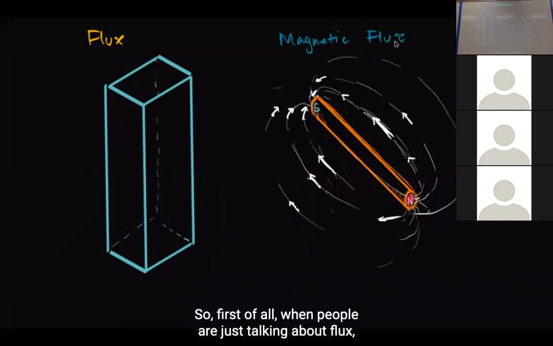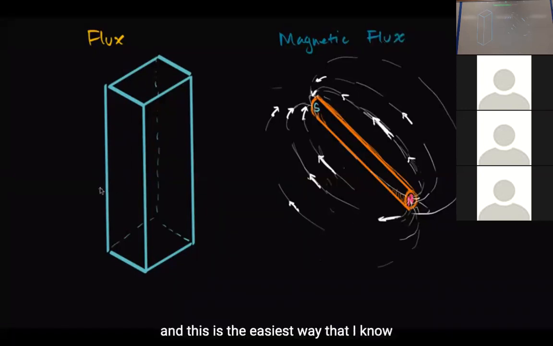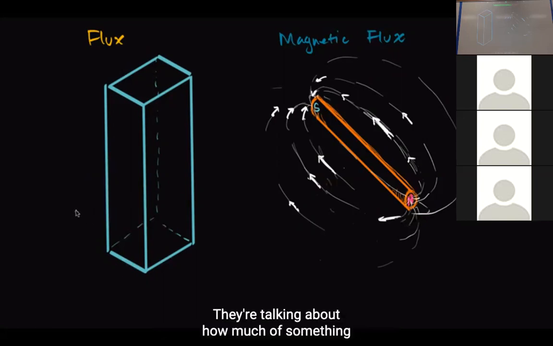So first of all, when people are just talking about flux, and this is the easiest way that I know how to conceptualize it, they're talking about how much of something is flowing through a surface in a given amount of time. So if you imagine that this is defining a volume of air right over here, and let's say the air is denser near the bottom of this volume of air, so there's more air down here than there is up here, which is generally true.